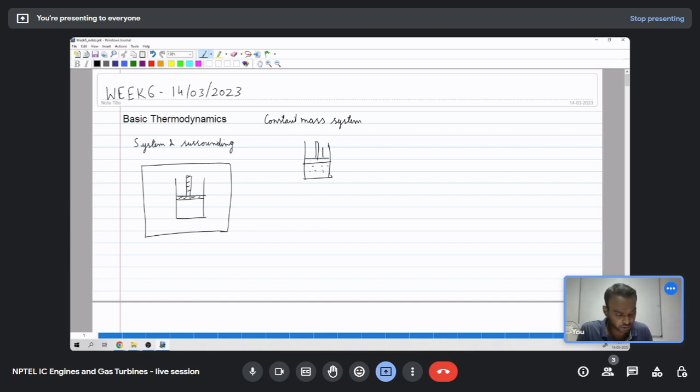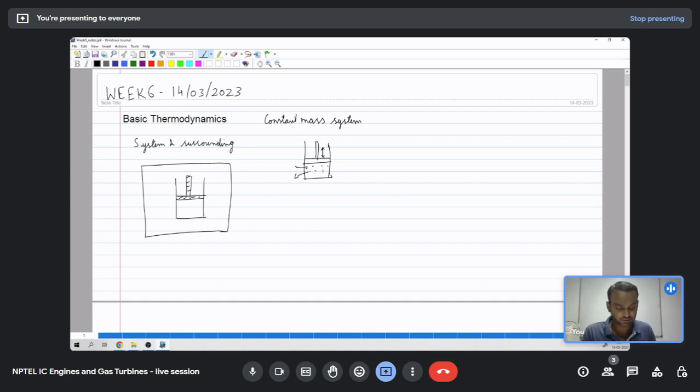It can be compressed or expanded, heat can be added or rejected from the system, but throughout the entire process the analysis will focus only on the same mass of the system. And even though the volume changes, we are not interested in the change in volume, but only in what happens for the particular mass of the system.